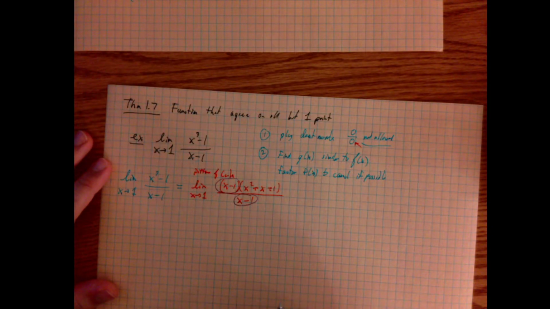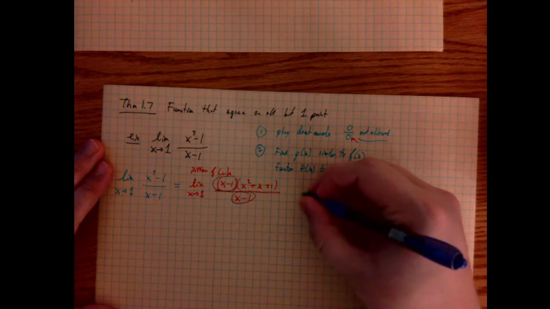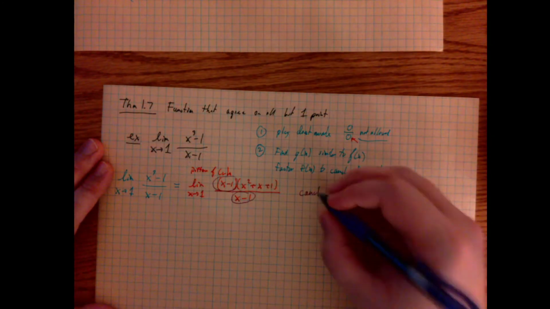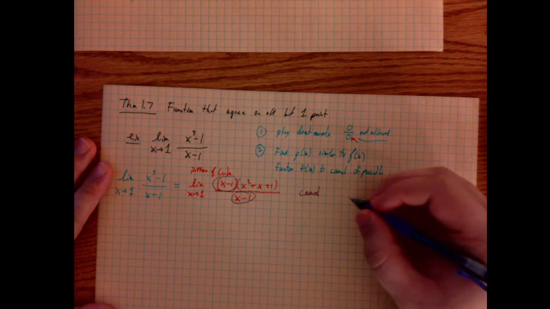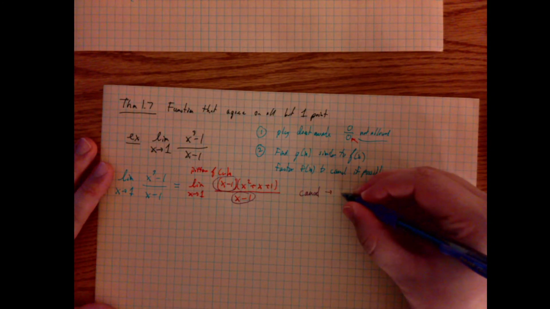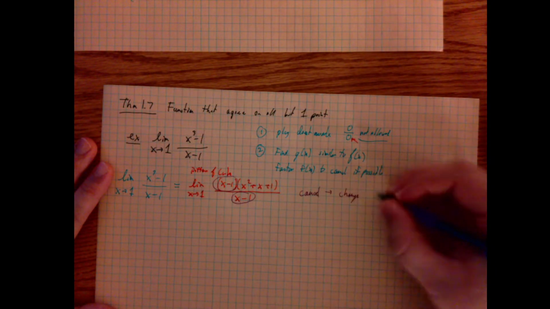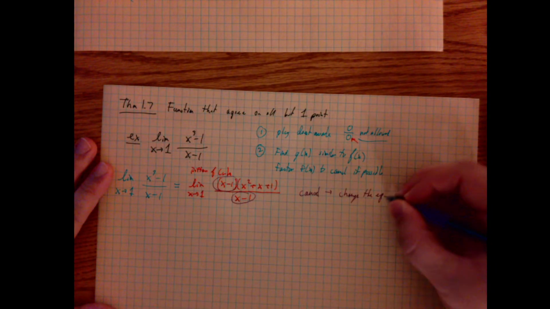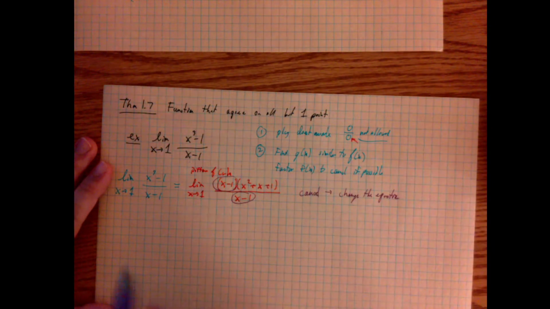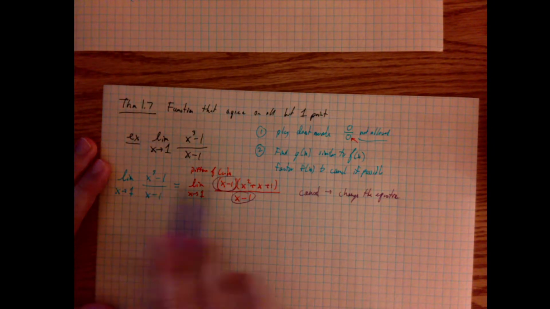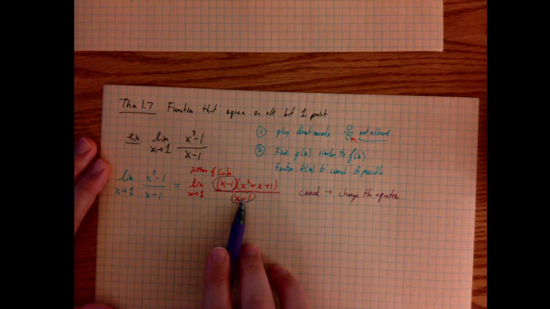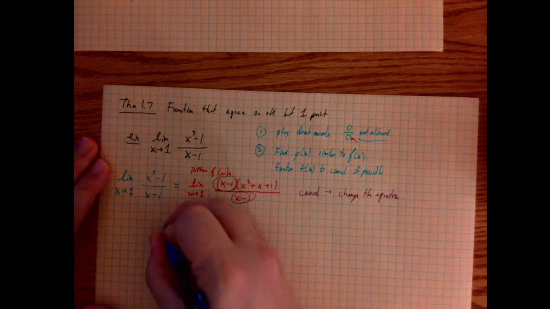What we can do algebraically is cancel. Now when we cancel, this actually changes the equation. While if I plug in 1 here there's a problem, when I cancel, I will not have a problem anymore. Watch what happens.